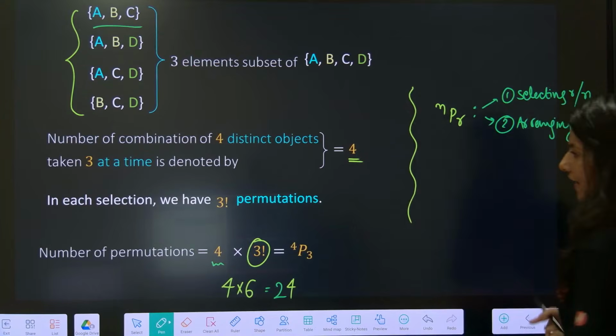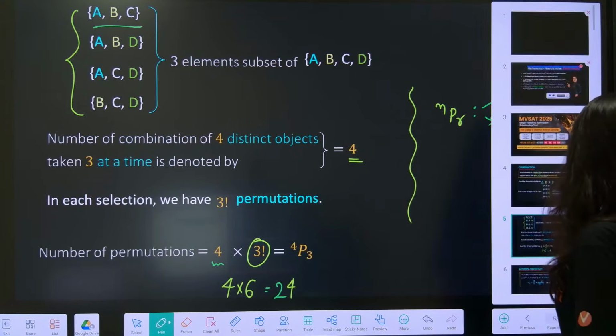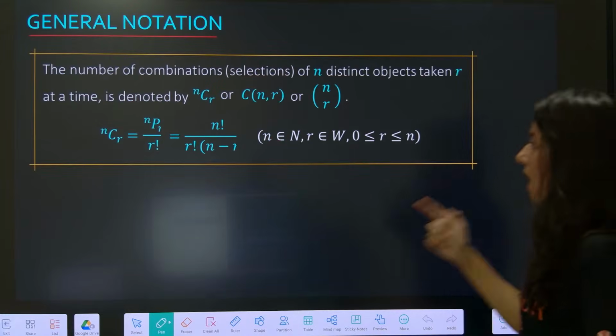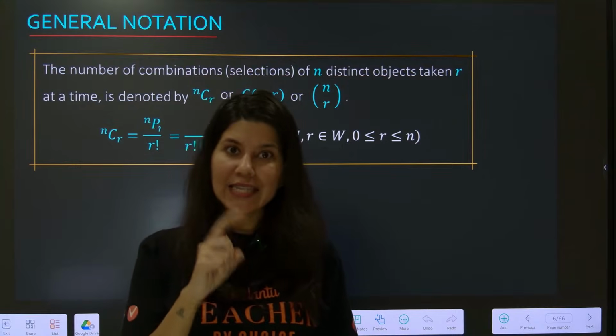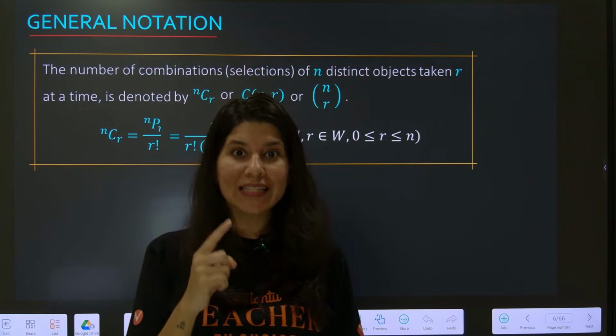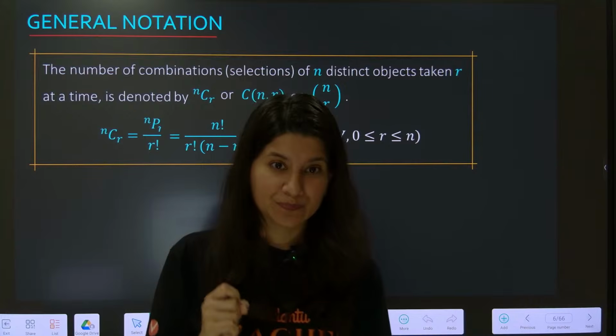Whereas NCR, which is combination, NPR, you know, is permutation. NCR is combination. That means NCR is selection.